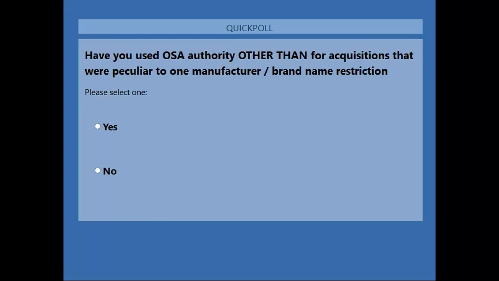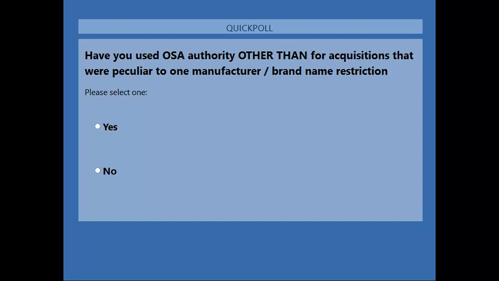Have you ever used other statutory authority? And if so, what statute were you referring to? It's so vague. I do have a yes out there. I'd love to hear a comment from someone if we could wrap up with who said yes.